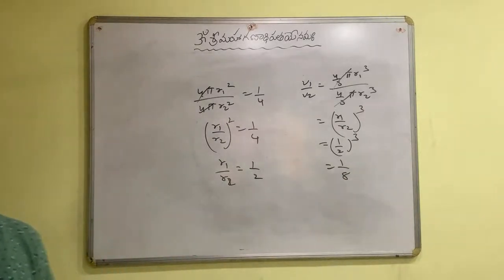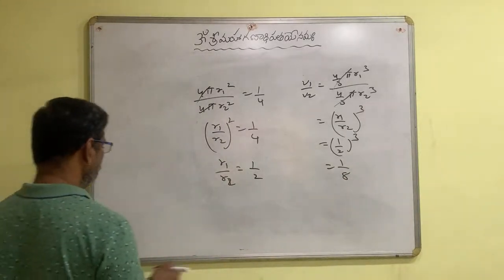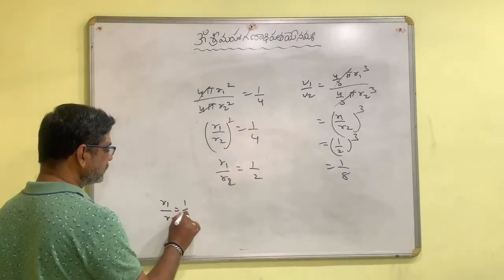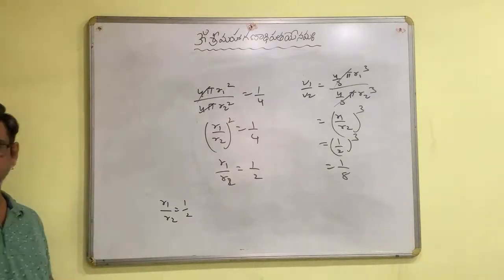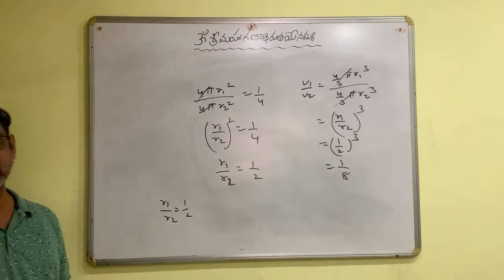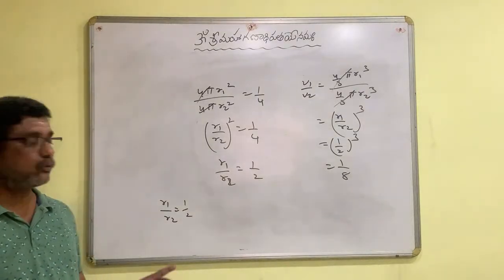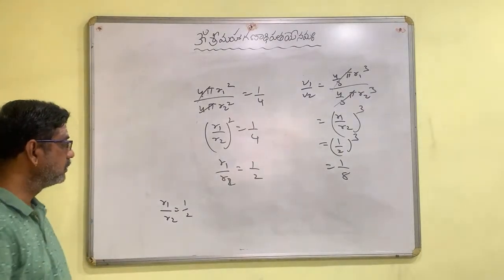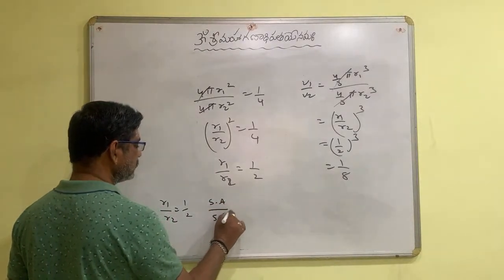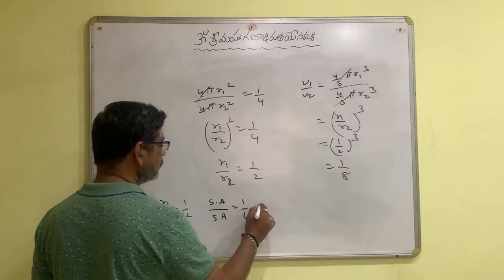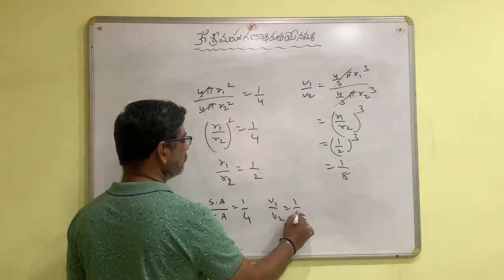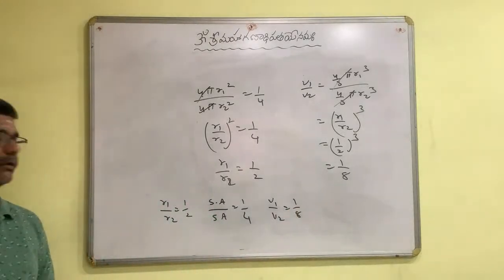So, if the ratio of radii of two spheres is 1:2, the ratio of their surface areas is 1:4 and the ratio of their volumes is 1:8. That is what you have to understand.